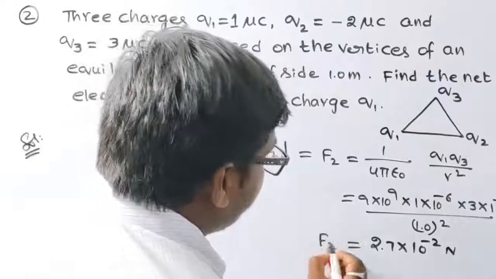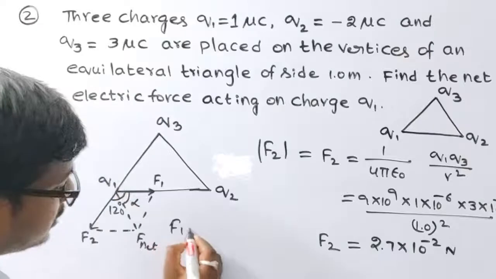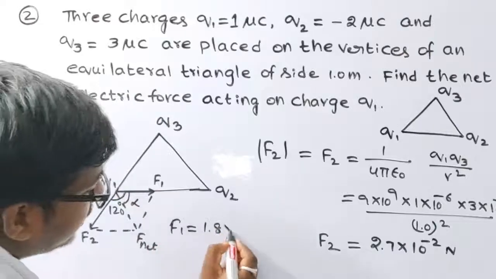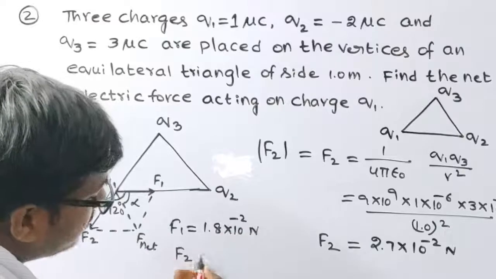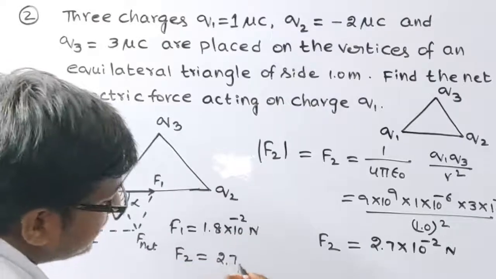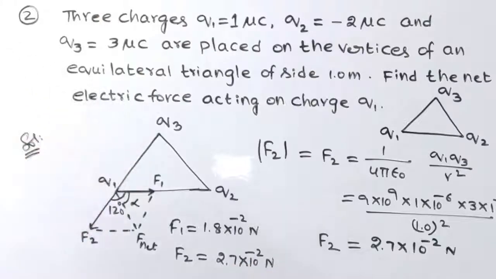This is the F2. First, write these two values down on this side. F1 is equal to 1.8 into 10 power minus 2 Newton. F2 is equal to 2.7 into 10 power minus 2 Newton.